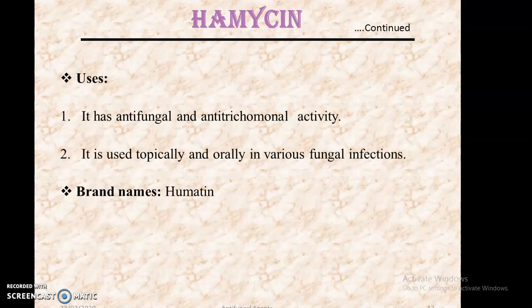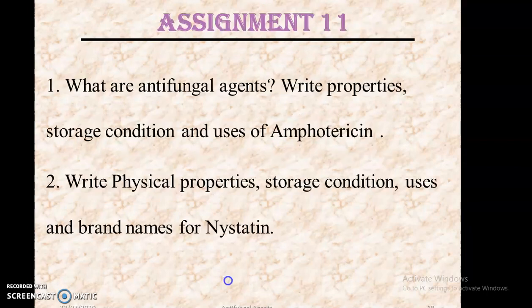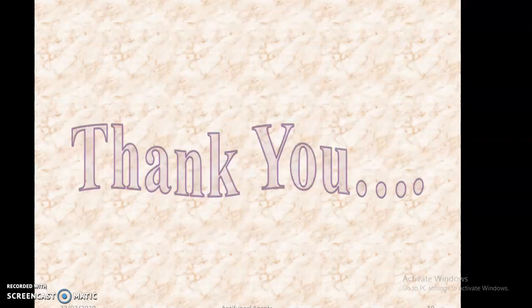It is used as an antifungal and has anti-trichomonal activity. It is used topically and orally in various fungal infections, and the brand name by which it is known is Hamycin. So here we conclude our topic, antifungal agents.